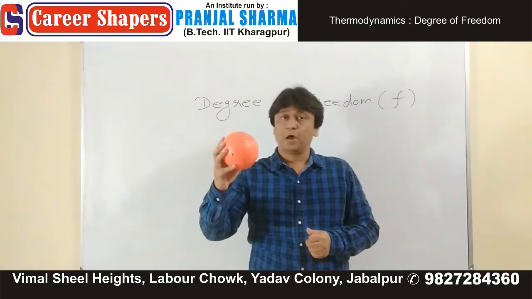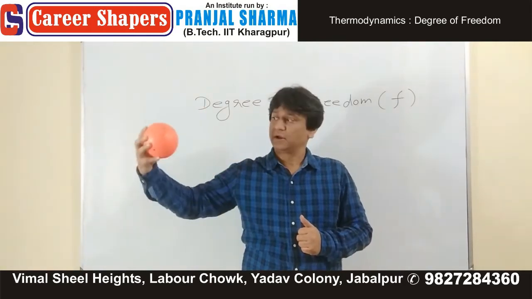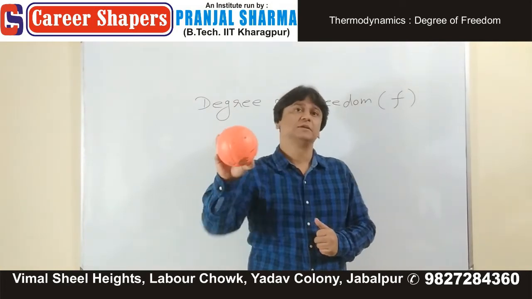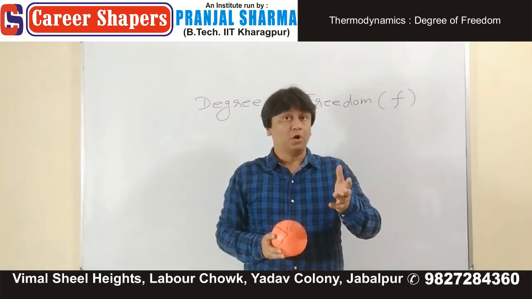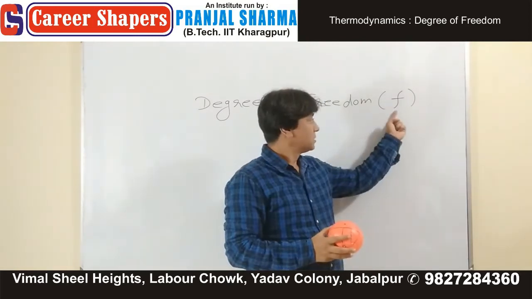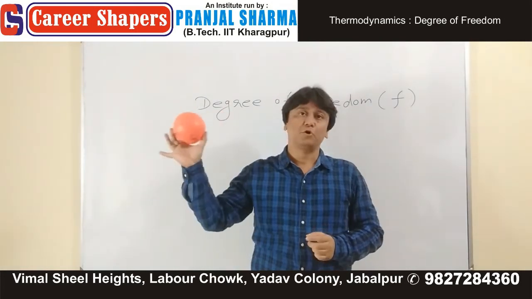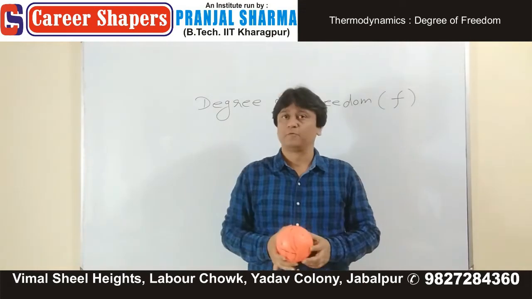How many modes are there in which it can have its kinetic energy? X, Y, and Z. These are called what? Degrees of freedom of a monoatomic gas. For example, helium. For example, argon.